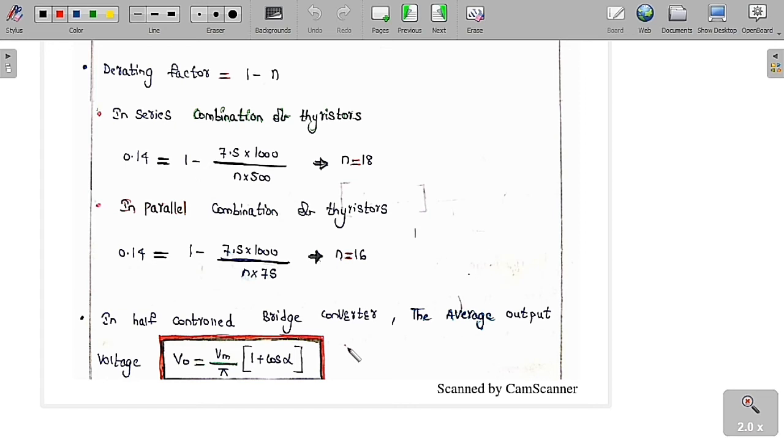With the help of a bridge we can get only full cycles. So half control means semi-converter, meaning some of them are thyristors and some are diodes. So the average output voltage is equal to Vm by pi into 1 plus cos alpha.